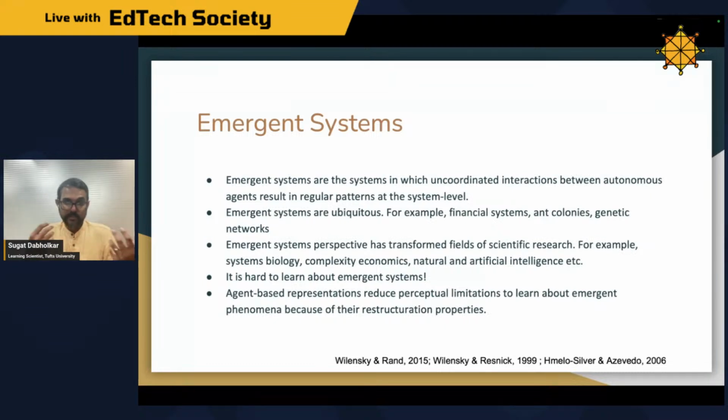How does emergence arise through agent interactions, and what does it mean to study properties of such systems? Agent-based models have computational representations, which I'm referring to here as agent-based representations. They reduce perceptual limitations to learning about emergent phenomena because they have properties called restructuration properties, and we will talk a little bit about those properties later.